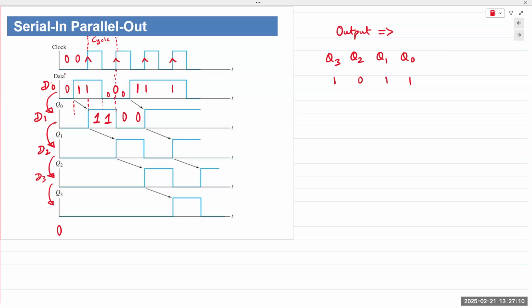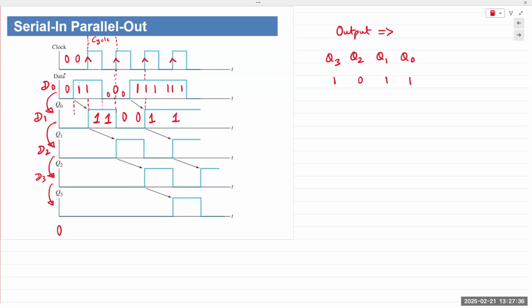All right, so then next positive edge arrives, input is 1, and so output goes 1. And then data remains 1 all throughout. So even when the fourth and the final positive pulse arrives, output is still going to remain 1.